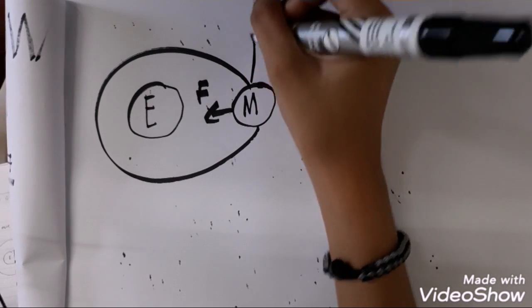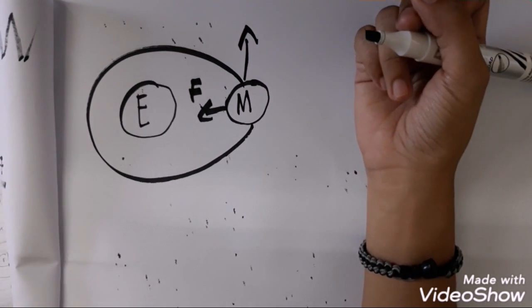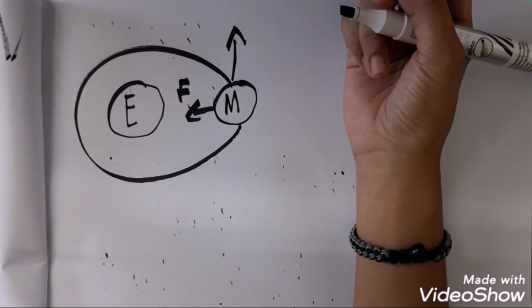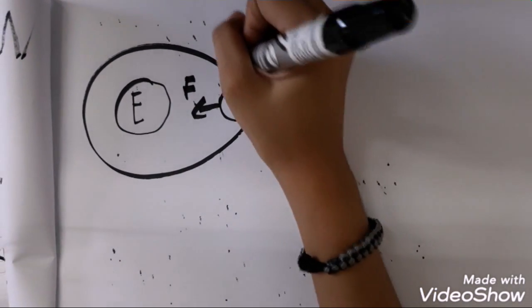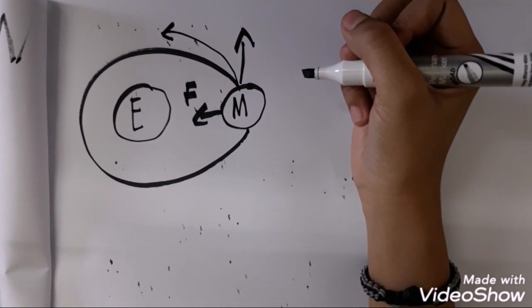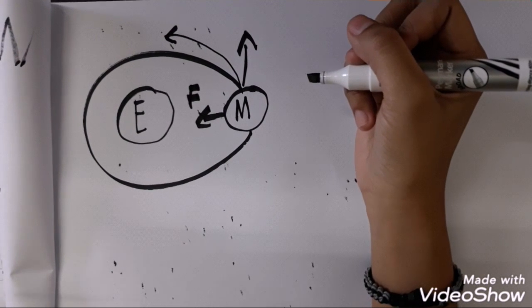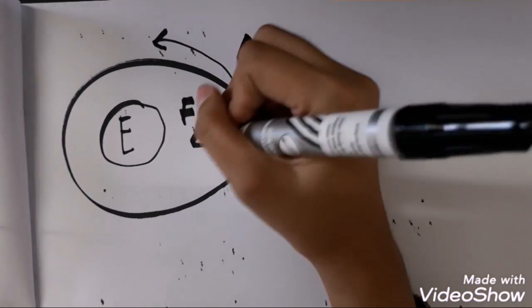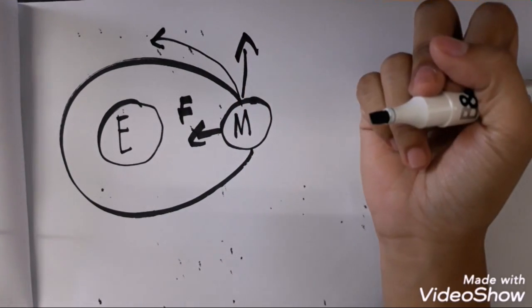The Moon is moving in this direction and it has a displacement in the positive y direction. But the Moon is going to turn instead of going straight up to remain in orbit around the Earth. Now, the force and displacement are perpendicular, so no work is done.